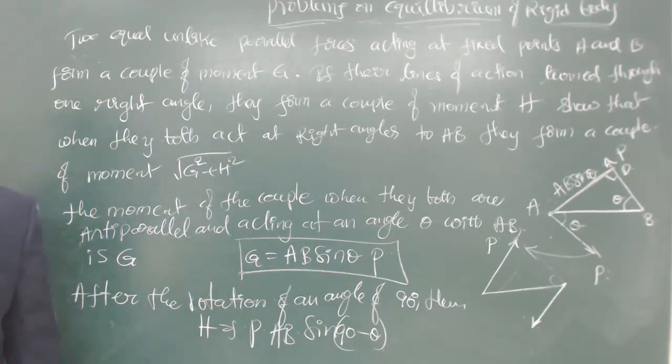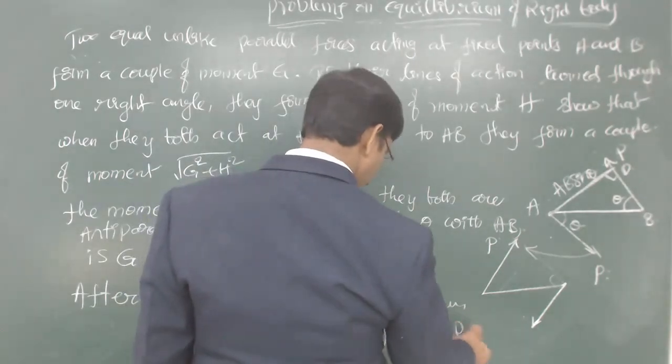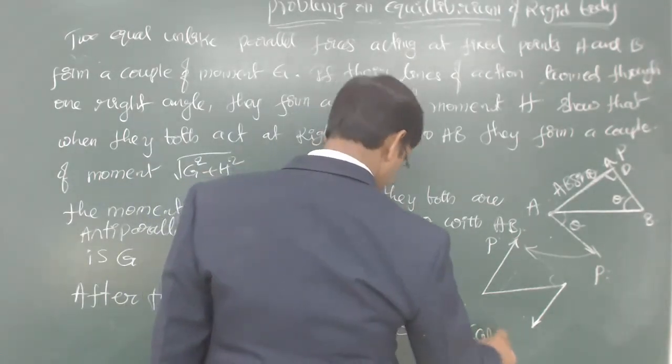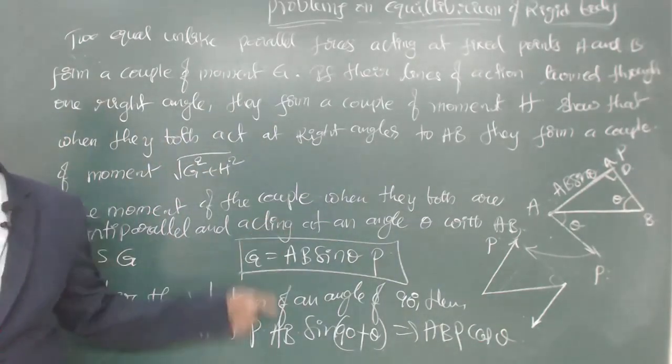Got it? Sine of 90 plus theta. And then H is equal to AB into P into sine of 90 plus theta, which is cos theta. Cos theta. So this is G and this is H.